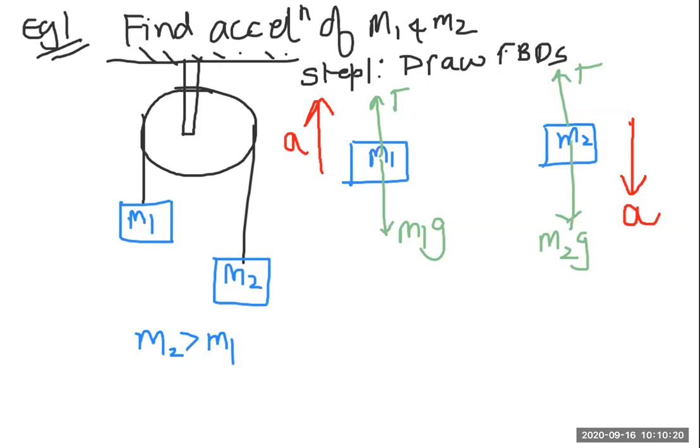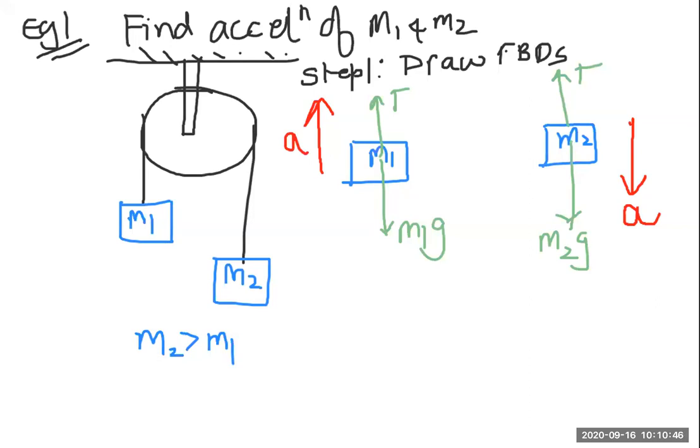Should I write the same magnitude of acceleration, or different values of acceleration? Well, I'm going to write the same value of acceleration because I notice one more thing.